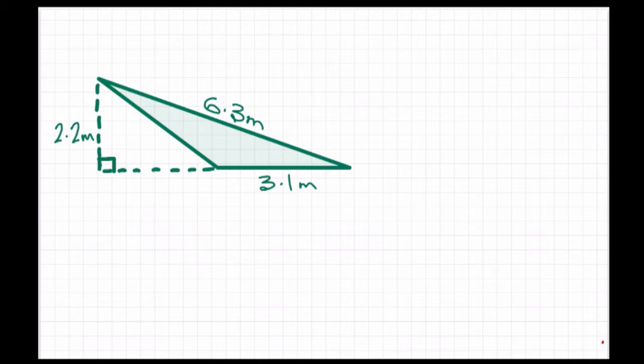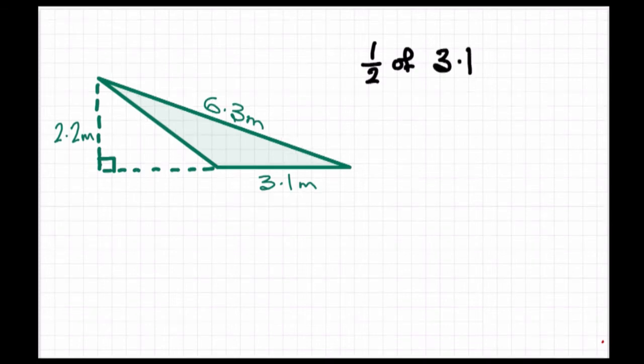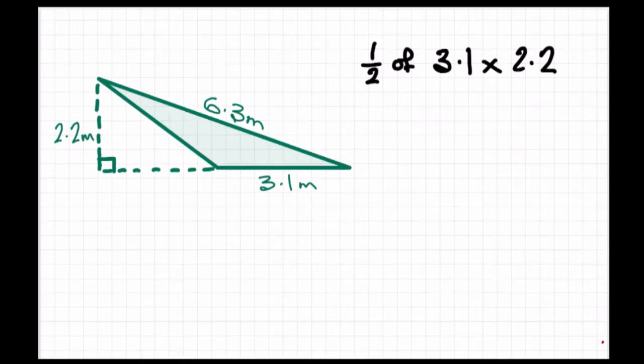So the calculation I need to do this time is a half, as always, of 3.1, the base, multiplied by the height, which is 2.2. So you could do that by long decimal multiplication and then halve it, or you could work it out on the calculator, and I've used the calculator to get 3.41 as my answer.